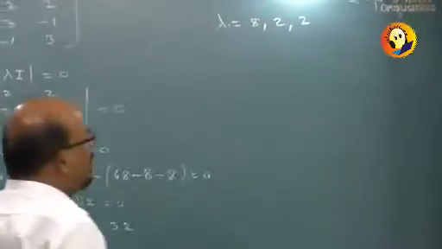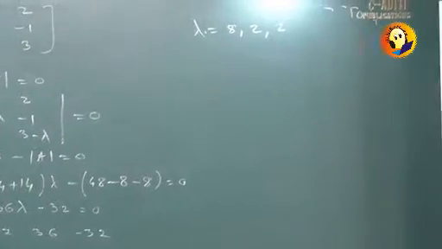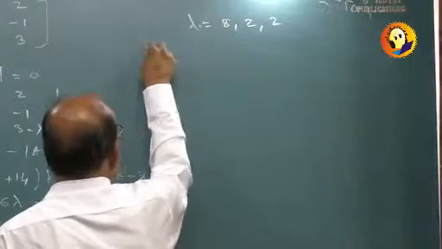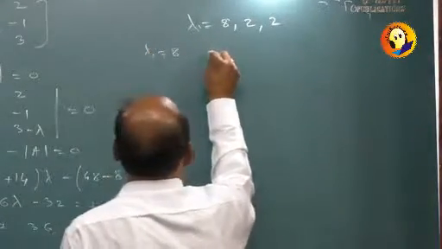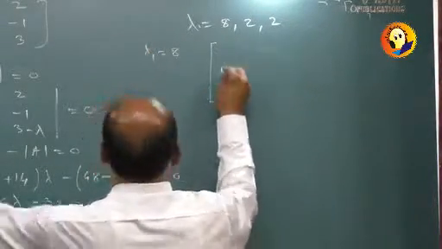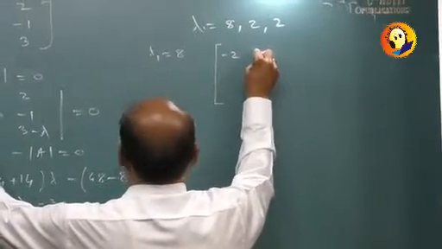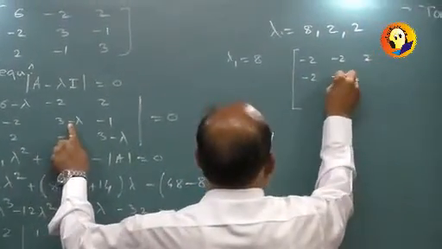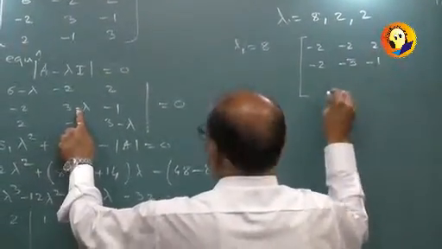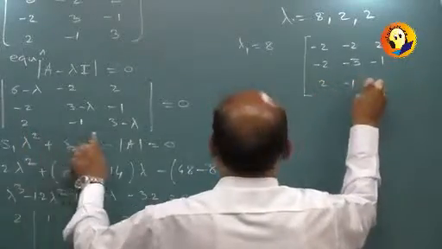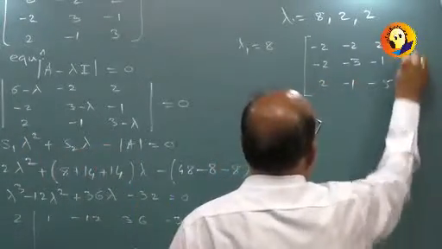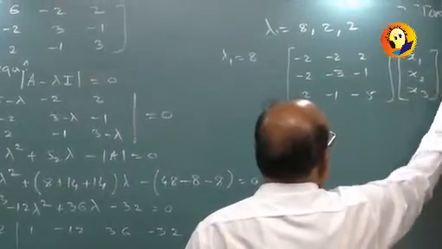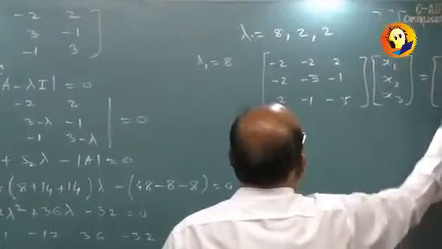I prefer to write it in this sequence so that I won't start with the repeated eigenvalue. Non-repeated procedure is simple. So lambda 1 equal to 8. Equations will be minus 2, minus 2, 2, minus 2, minus 5, minus 1, and 2, minus 1, minus 5, times x1, x2, x3 equal to 0, 0, 0.